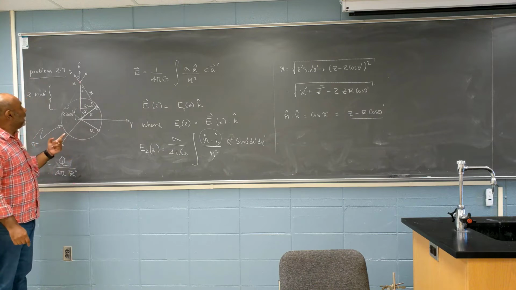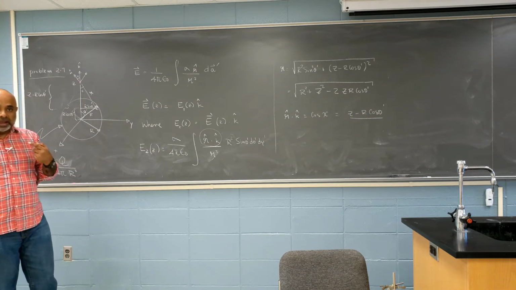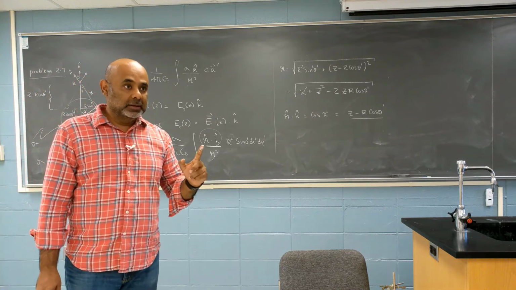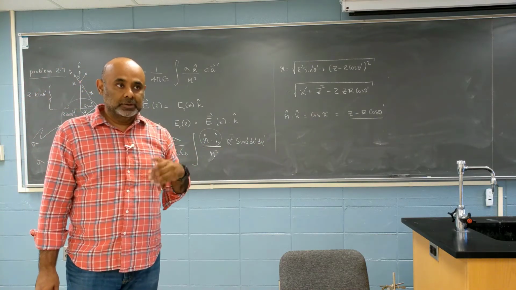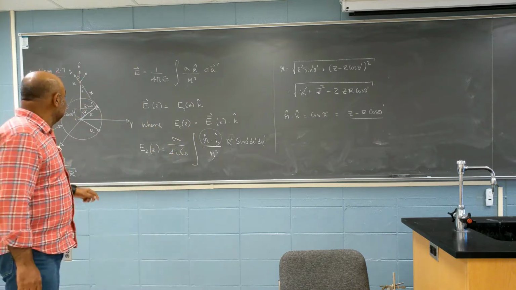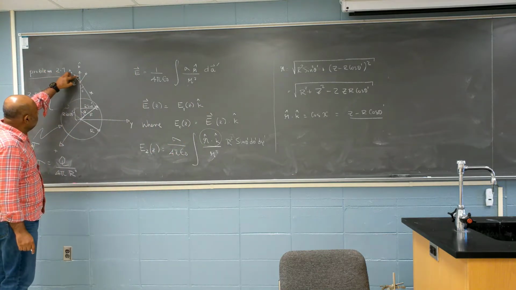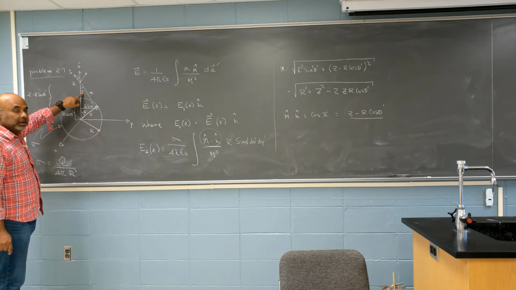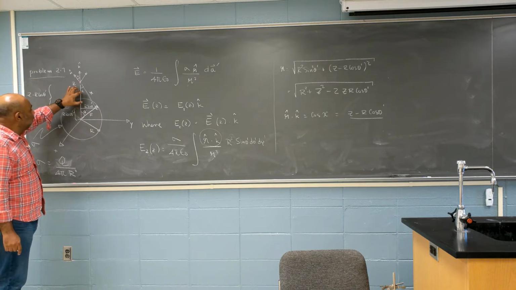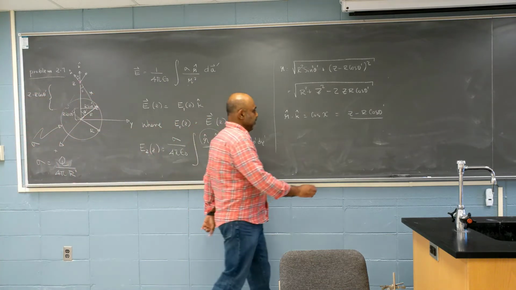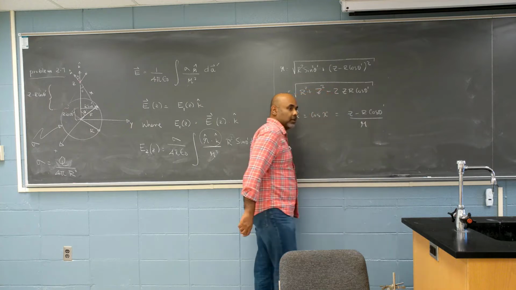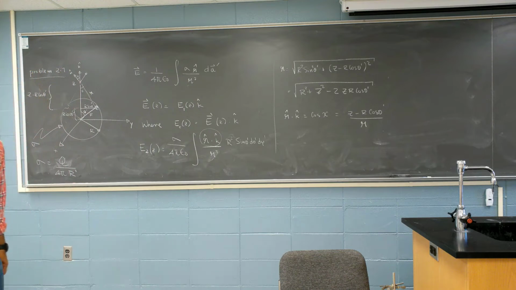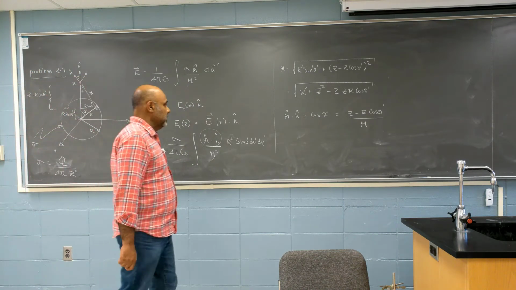Why is that? R hat dot k hat is the magnitude of r hat, which is 1, times the magnitude of k hat, which is 1, times the cosine of the angle between them. So I'm calling that angle chi. If this is chi, then this is chi. Opposite angles are equal. And when I look at chi, cosine is this over that.